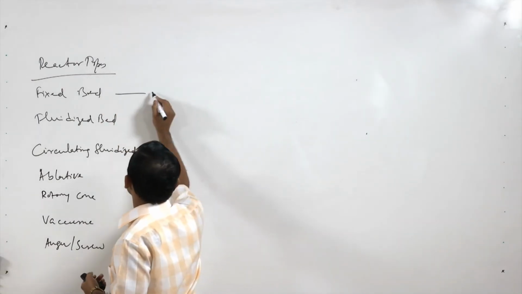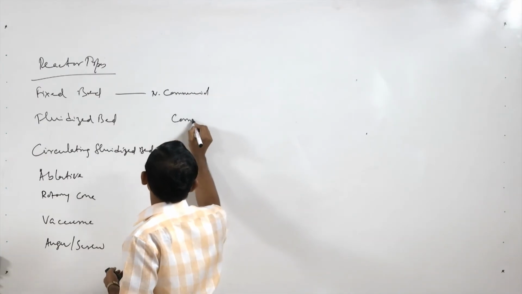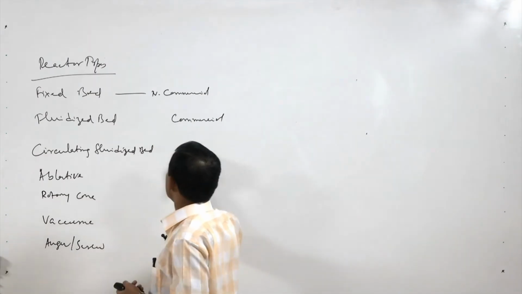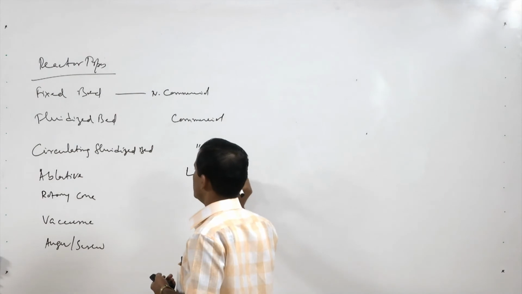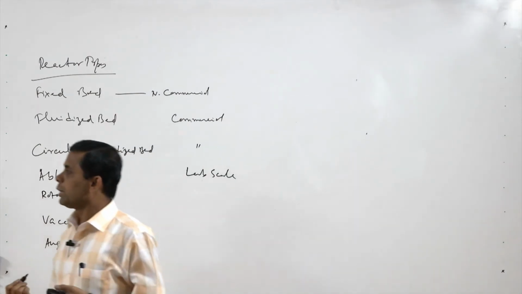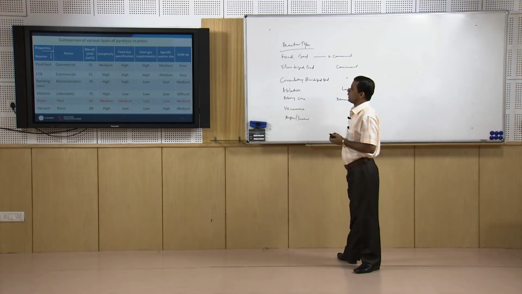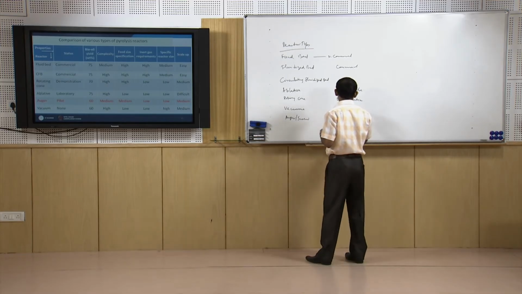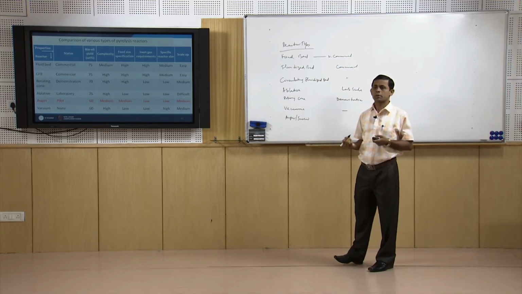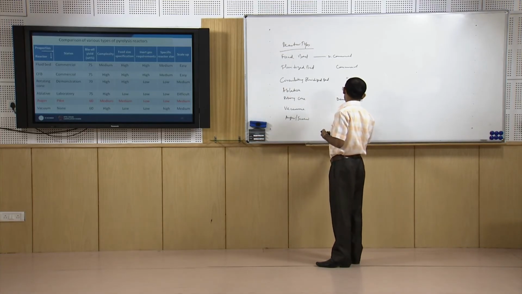Fixed bed is not commercial, fluidized bed is commercial, circulating fluidized bed is also commercial, ablative is lab scale, rotary cone is demonstration scale, vacuum is not widely reported, and auger is at pilot scale.